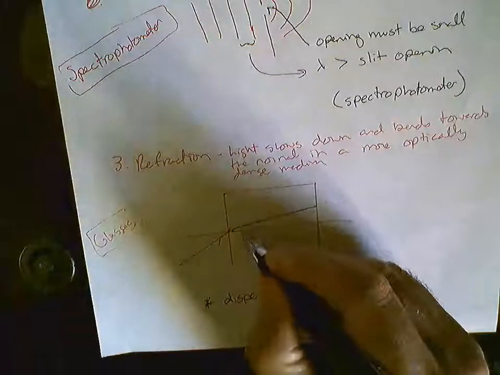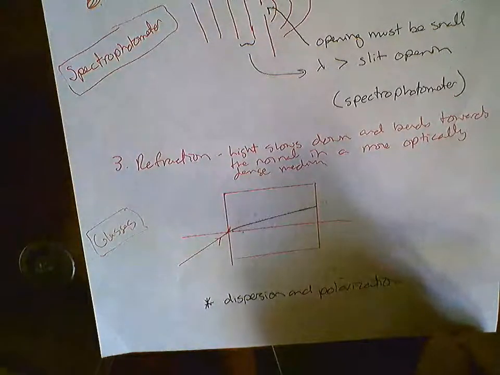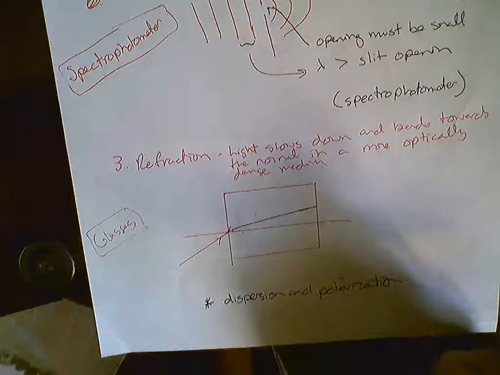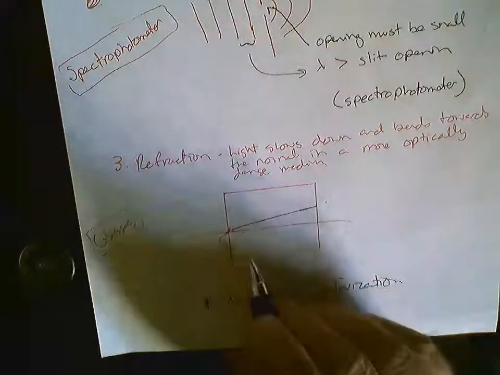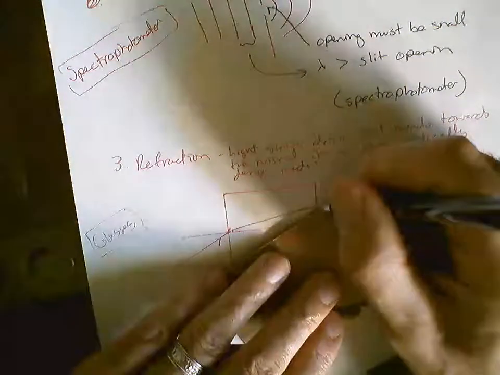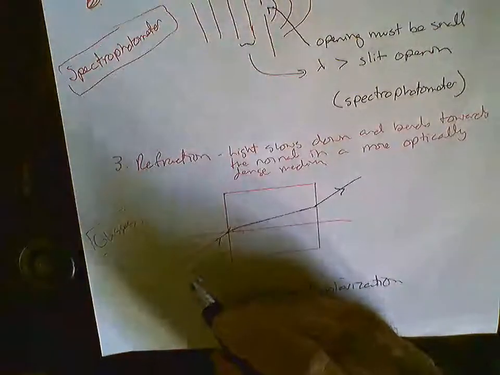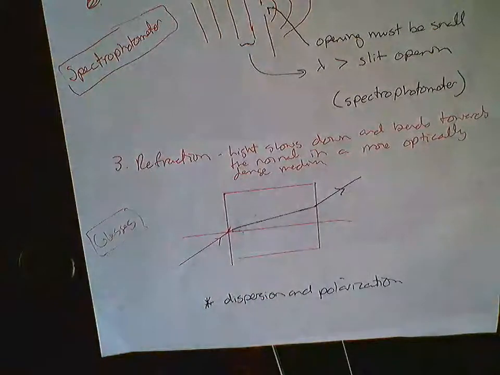This angle here is going to be less than this angle here. So you might remember Snell's law, which you might hit in A5. And it shows the relationship between the optical density and that angle. Now, when the light leaves, it will go back in its original path. So the path of this light coming in should match up with this path here.